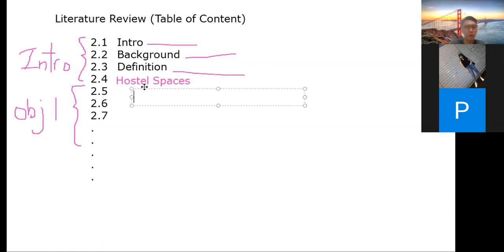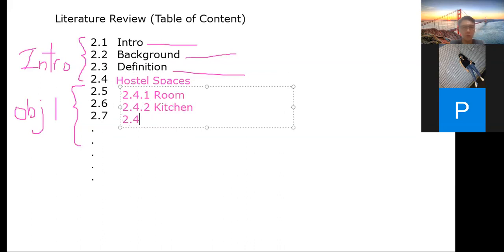I put 2.4.1 room, 2.4.2 kitchen, 2.4.3 toilet, and 2.4.4 facilities. So this is how I arrange them.